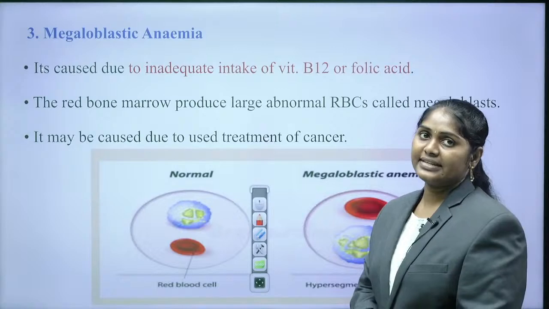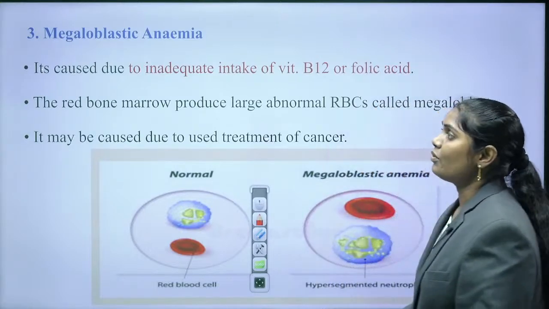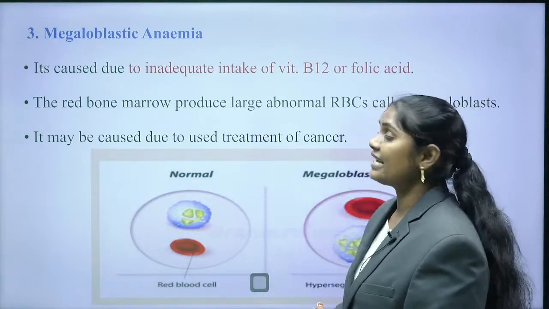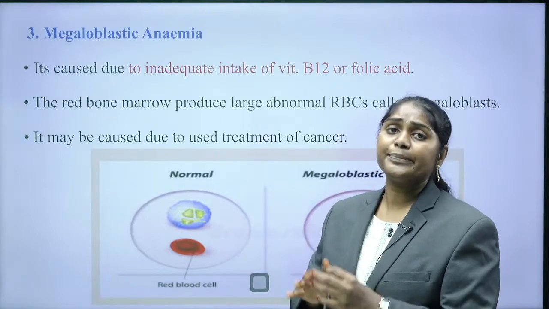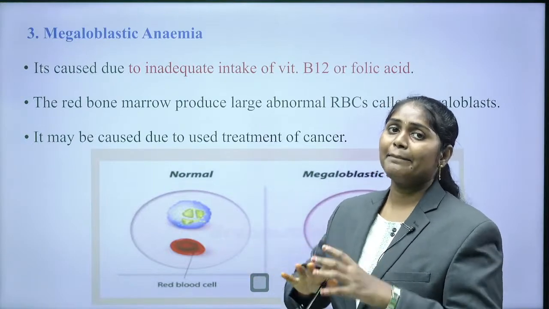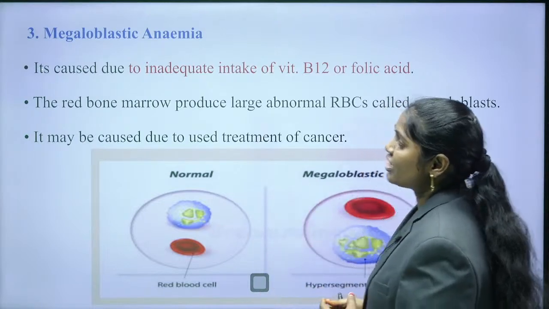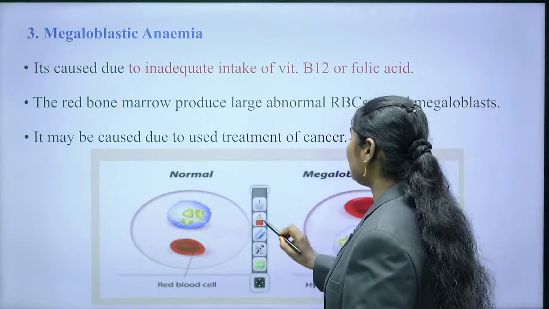Coming to the next type of anemia, that is megaloblastic anemia. What is this type of anemia? The name itself is saying: mega means big. The cell will become a little bit big. Megaloblastic anemia is nothing but improper intake of vitamin B12.